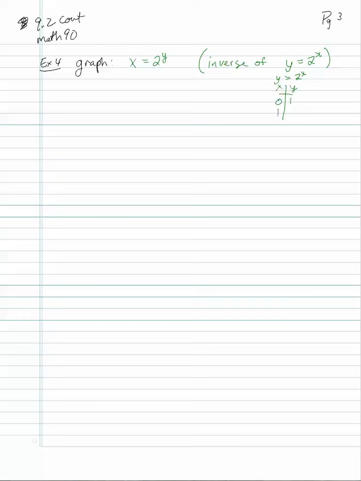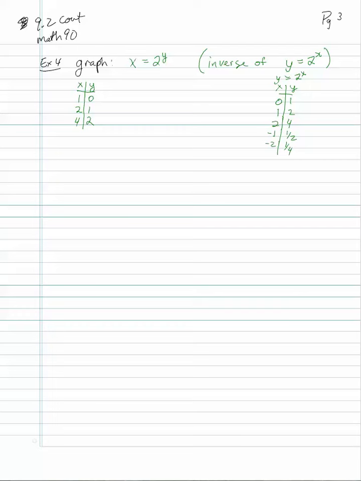So if I do y equals 2 to the x, we know it's going to be 0, 1, 1, 2, 2 squared is 4, negative 1, 2 to the negative 1 is 1/2, 2 to the negative 2 is 1/4. So when I do my graph here, I just switch the x and y. So instead of 0, 1, I'm going to do 1, 0, 2, 1, 4, 2.